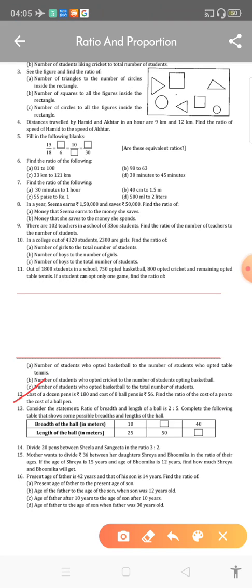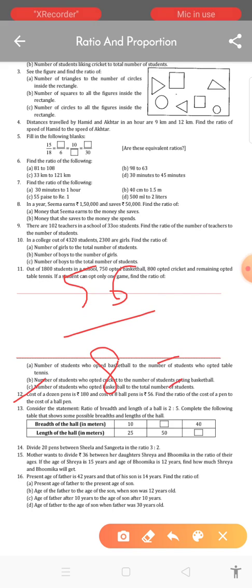Now we find the cost of 1 ball pen. Here the cost of 8 ball pens is given as 56 rupees. If we divide 56 by 8, then we obtain 7.